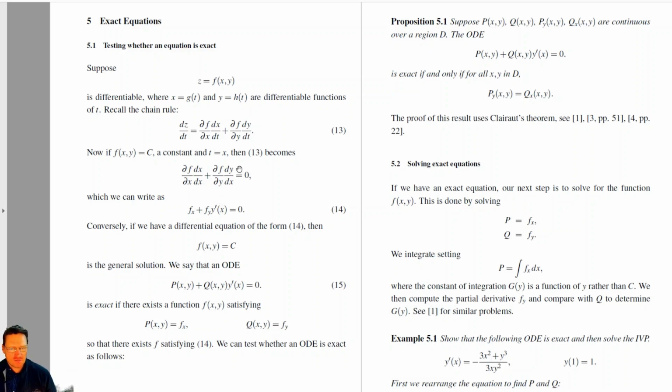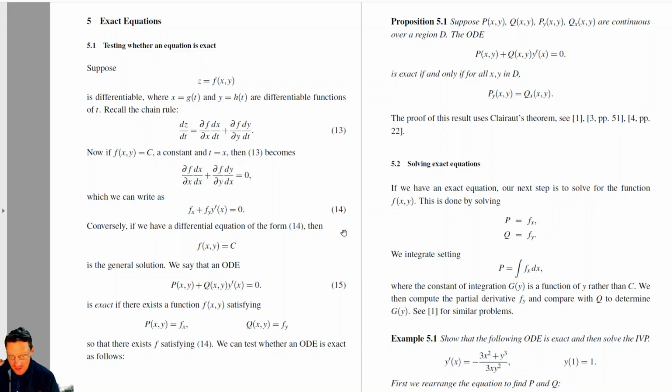And over here we have dy on dx, which is y dash. So we have this equal to 0, and therefore we can write this in simplified language as f subscript x for the partial derivative of f with respect to x, plus f subscript y for the partial derivative of f with respect to y, times dy on dx, or y dash of x. So this is equal to 0.